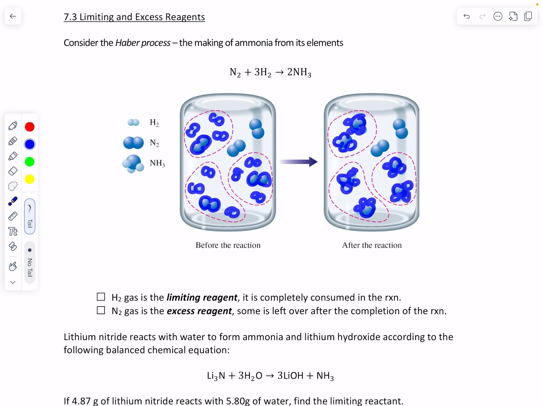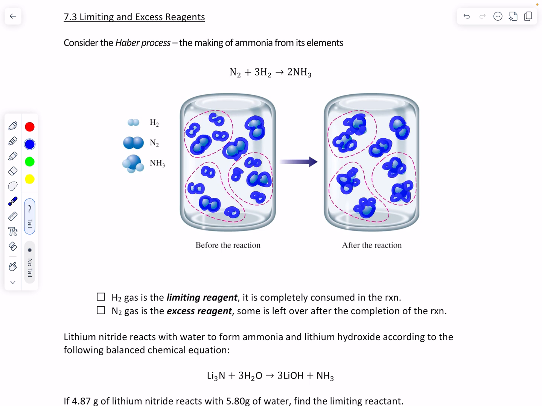But look at what's left over. Look what we had too much of in the beginning and didn't react afterwards. So we ended up with 2 extra N2 molecules that were in excess. They did not react.